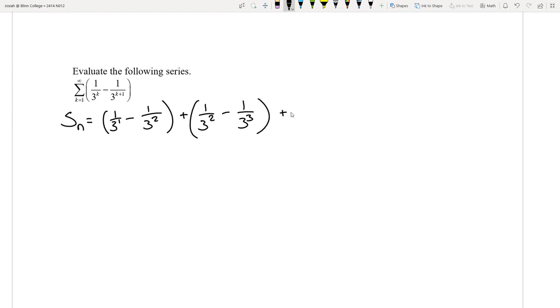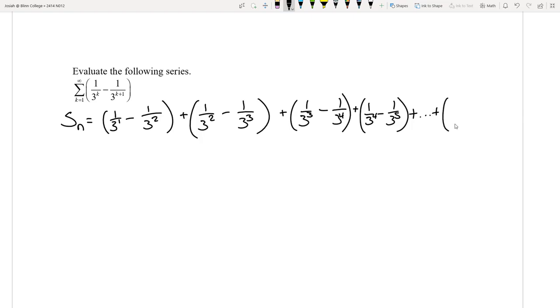We plug in 3. 1 over 3 to the third, minus 1 over 3 to the fourth. We can plug in 4 if we want. But we can kind of see what the pattern is going to be. And so all the way down the line, we'll usually want to write down the last couple terms here.